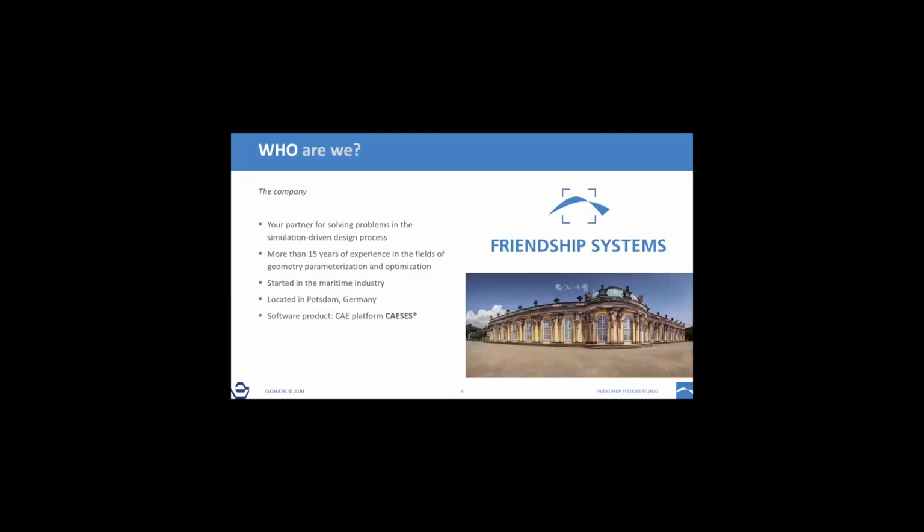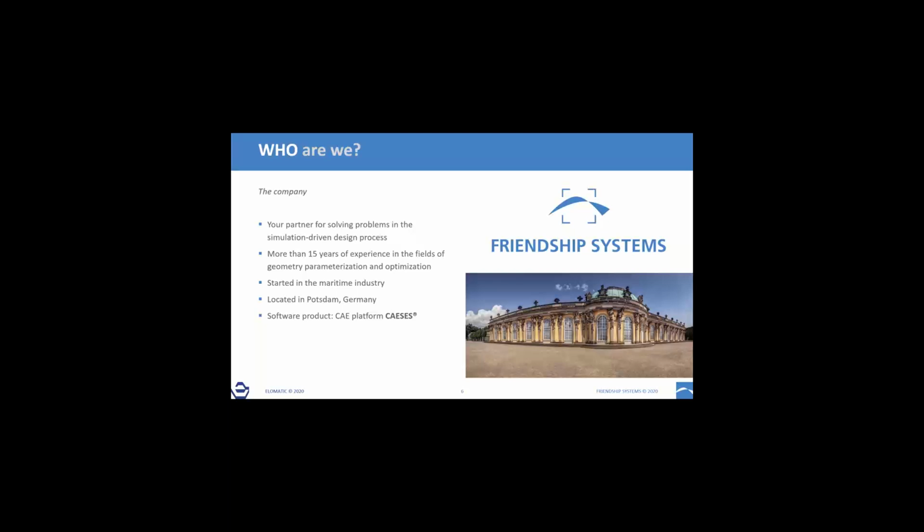Many of the people who join us today are familiar with us, but maybe a few aren't, so please allow me to say a few words about Friendship Systems. As a company, we partner up with our customers in order to solve problems that they encounter in their simulation-driven design processes. Whenever they are trying to design a geometry and make use of simulation in the process to guide or drive the design, we can support that in different ways.